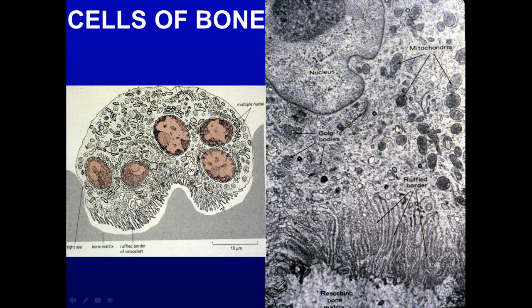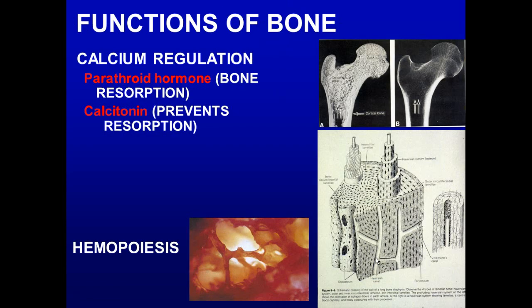It's not ruffled everywhere, but it's really ruffled here, and this ruffled border facilitates having a very low pH and has a lot of citrate in there, which is able to break down the hard components, the mineral components of bone. And breaking down the bone is very important in maintaining calcium levels.